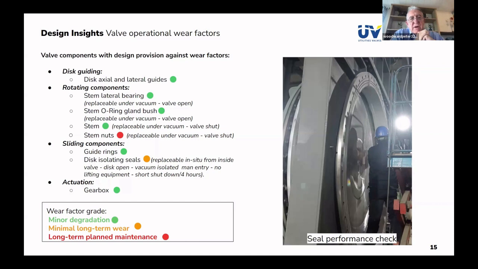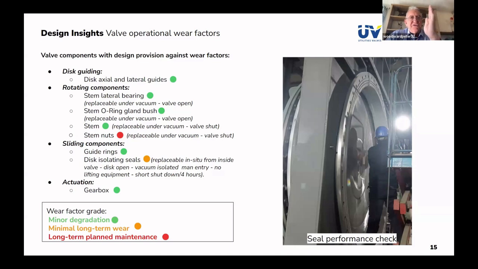It is a low coefficient of friction, so the guide is acting in a way that keeps the operating torques as low as possible. But also importantly, because we're guiding the sealing face all the way around, it prevents what we call disc cant.